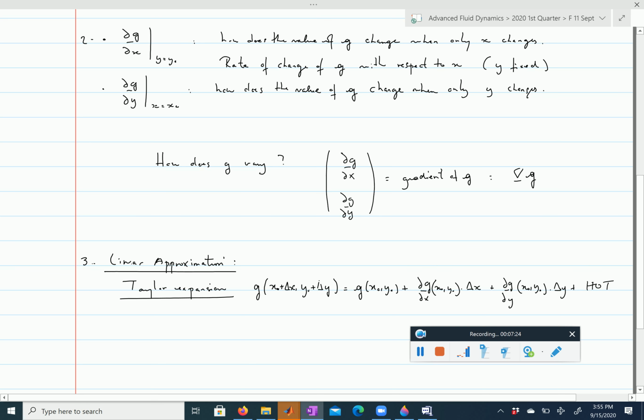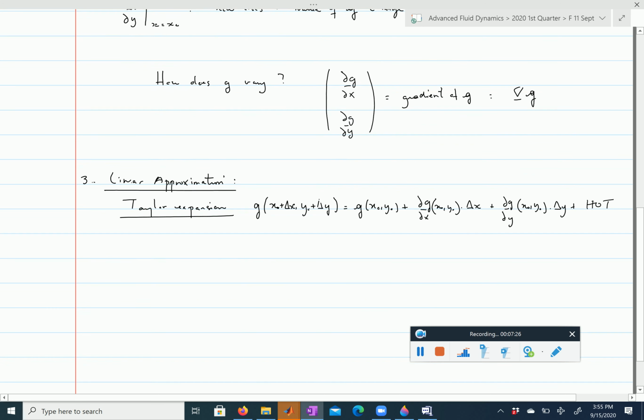And so when you are doing the linear approximation, you assume that the value of the function in the neighborhood is exactly equal to these three terms, which correspond to the equation of the plane which I drew.